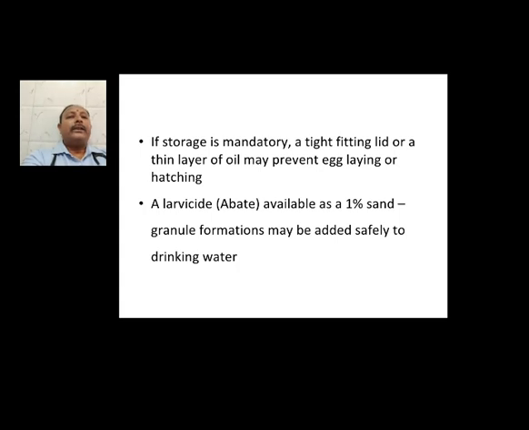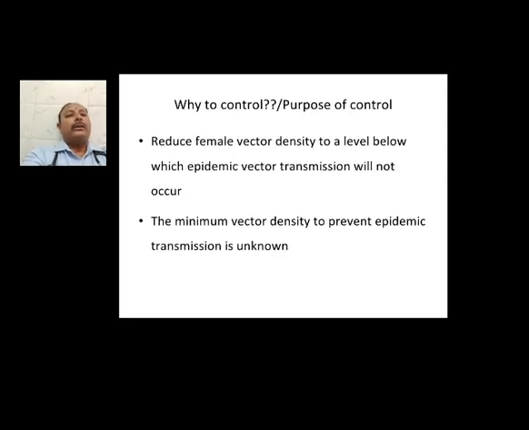If storage is mandatory, a tight fitting lid or a thin layer of oil may prevent laying of eggs or hatching. A larvicide, that is abate, available as 1% sand granule formulations, may be added safely to drinking water.